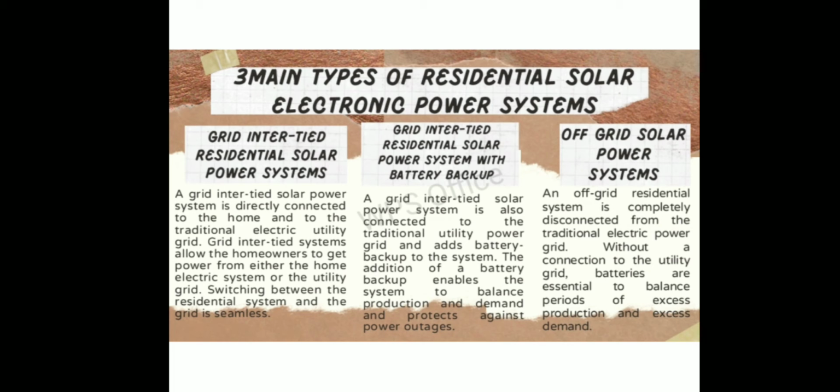Grid-intertied residential solar power system with battery backup. A grid-intertied solar power system is also connected to the traditional utility power grid and adds battery backup to the system. The addition of a battery backup enables the system to balance production and demand and protects against power outages.